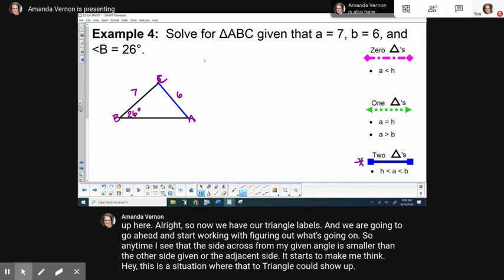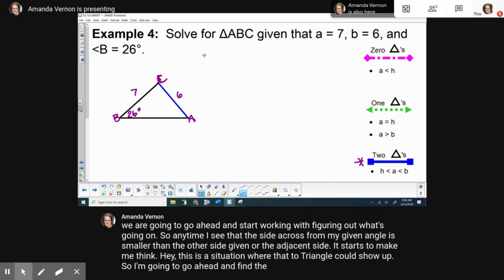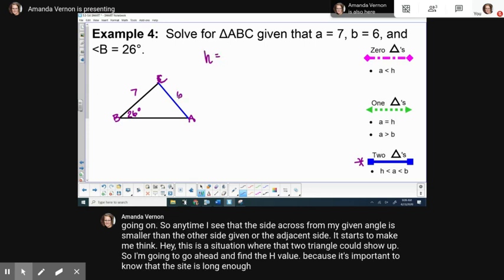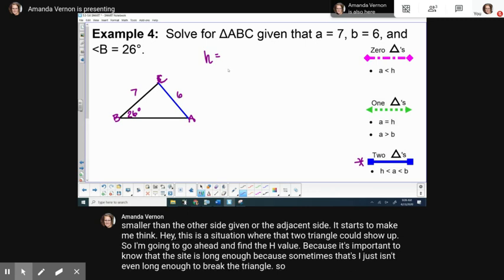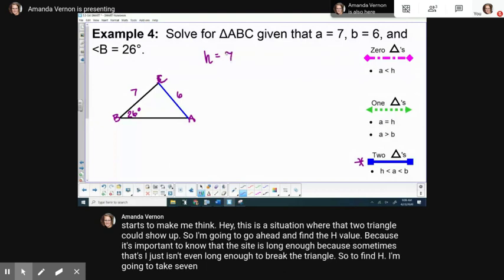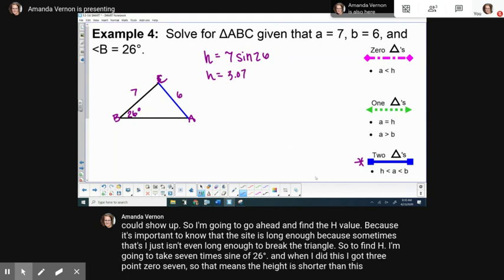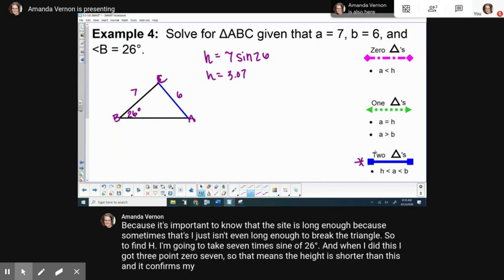So I'm going to go ahead and find the h value, because it's important to know that this side is long enough, because sometimes that side just isn't even long enough to create the triangle. So to find h, I'm going to take 7 times sine of 26 degrees. And when I did this, I got 3.07. So that means the height is shorter than this, and it confirms my suspicion. This is a 2 triangle scenario.